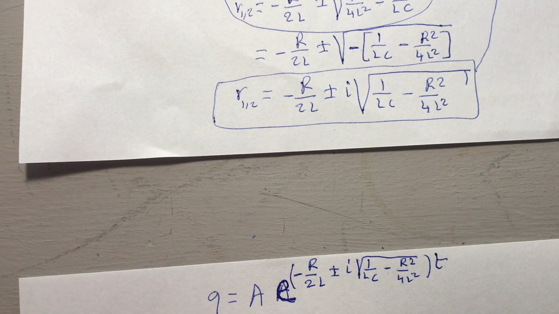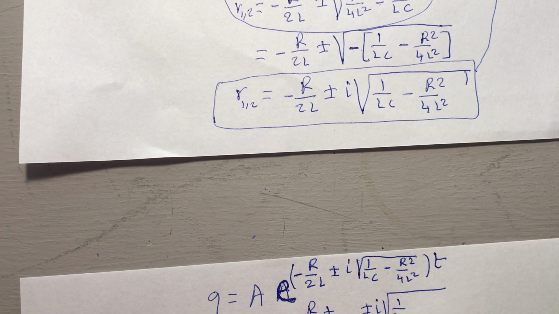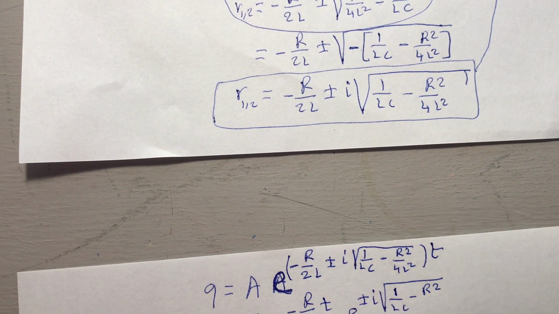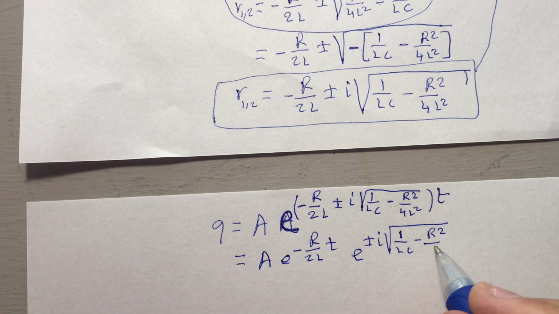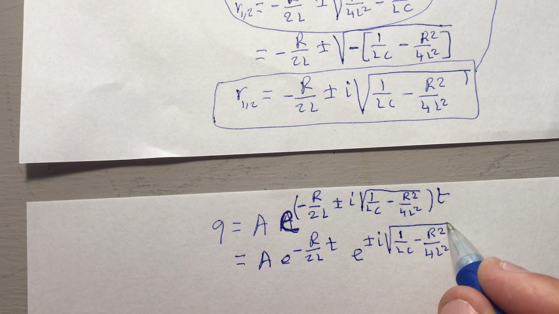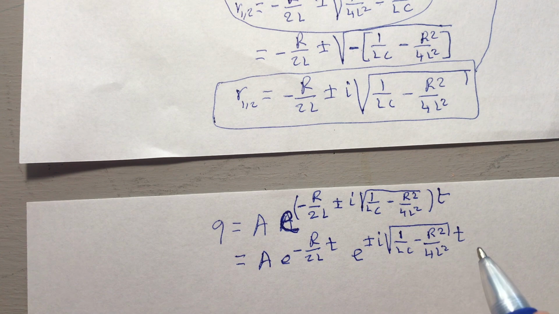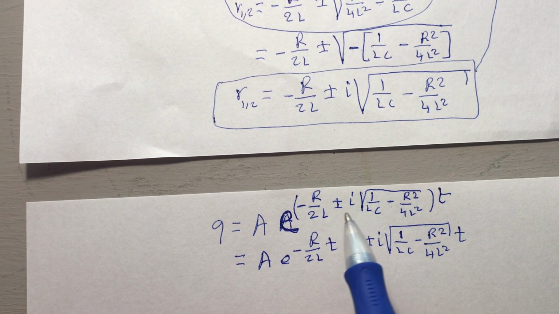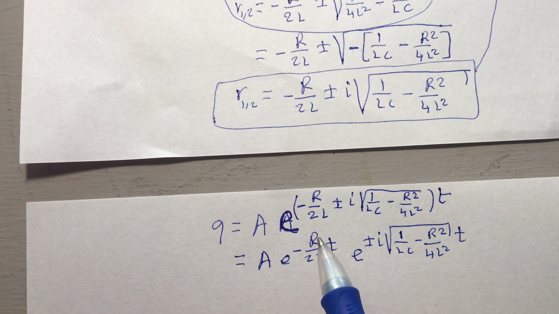So now this is equal to a e^(−R/2L t), and then I put times e^(±i√(1/LC − R²/4L²) t). So I opened it. Exponential of the sum is the product of the exponentials.